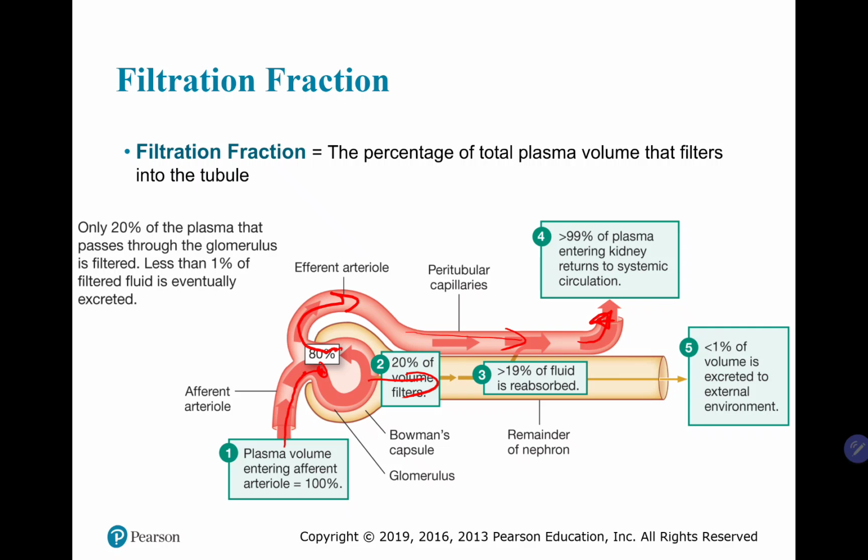But of that 20% of fluid that was filtered, we're really going to reabsorb more than 19% of it back into the blood at the peritubular capillaries. So that leaves less than 1% of the volume that actually went through. Less than 1% of this 20% will actually get excreted out of the body.